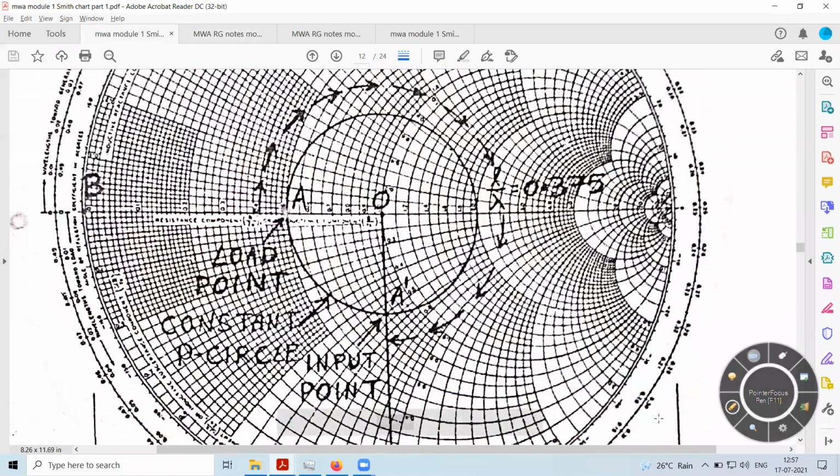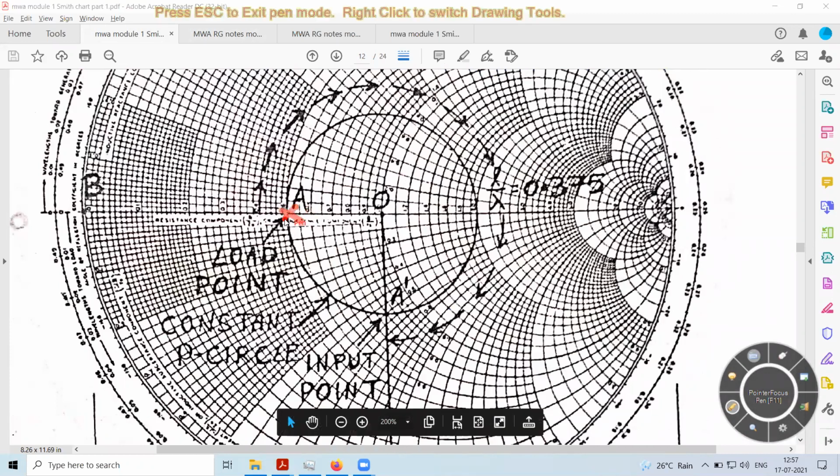Again, in simple form: first locate the normalized load point, and draw the VSWR circle with the center of the Smith chart as center and radius equal to OA. Once you do that, you traverse a distance from the load point equal to the parameter L by lambda, that is 0.375.